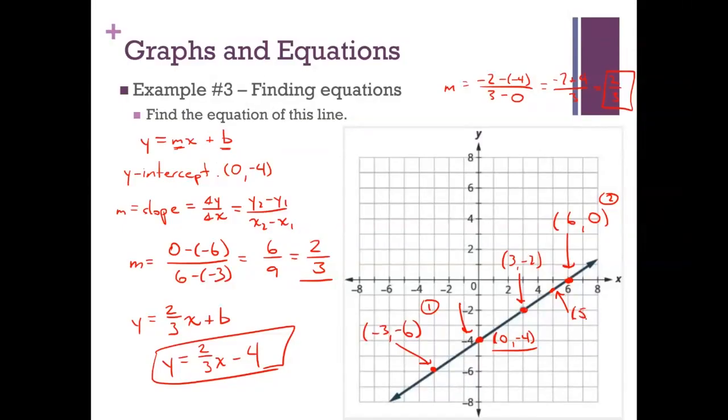X is 5, but what is Y? It's between 0 and -1. But I'd rather not eyeball a fraction if I don't have to. So that's why I'm encouraging, go after those lattice points where the lines on the grid cross each other.